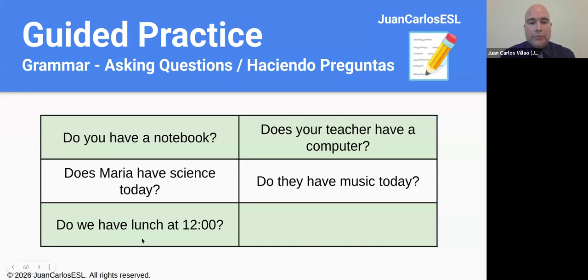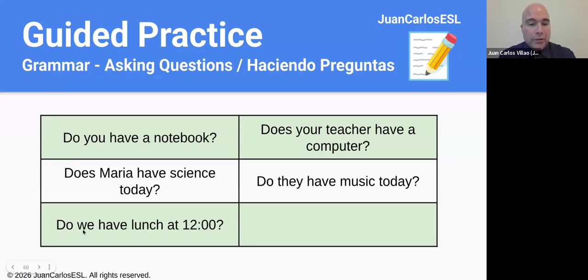Nosotros tenemos almuerzo a las 12 en punto. So remember, we talked about interpreting the clock in the last class, in class number 14. 12 o'clock, 12 en punto. Do we have lunch at 12 o'clock? So here we have we as the subject.